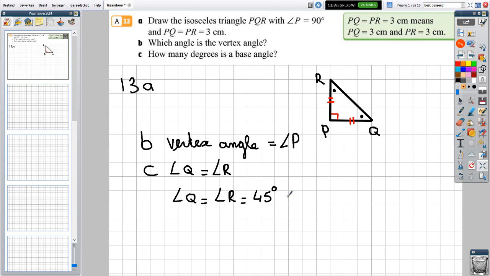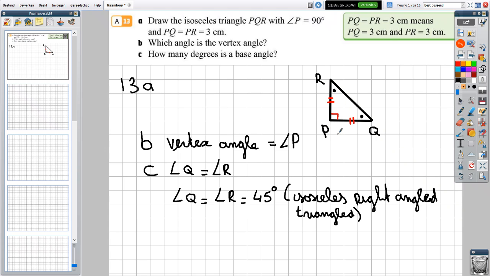Okay, so that's because it's an isosceles right angled triangle. Quite a mouthful, I would say. Right, so in this case you could say both those angles are 45 degrees.